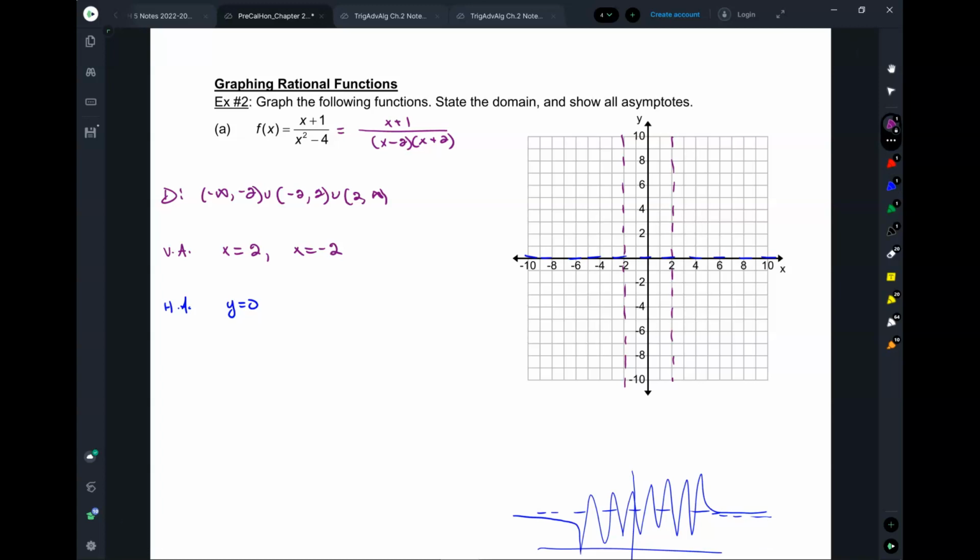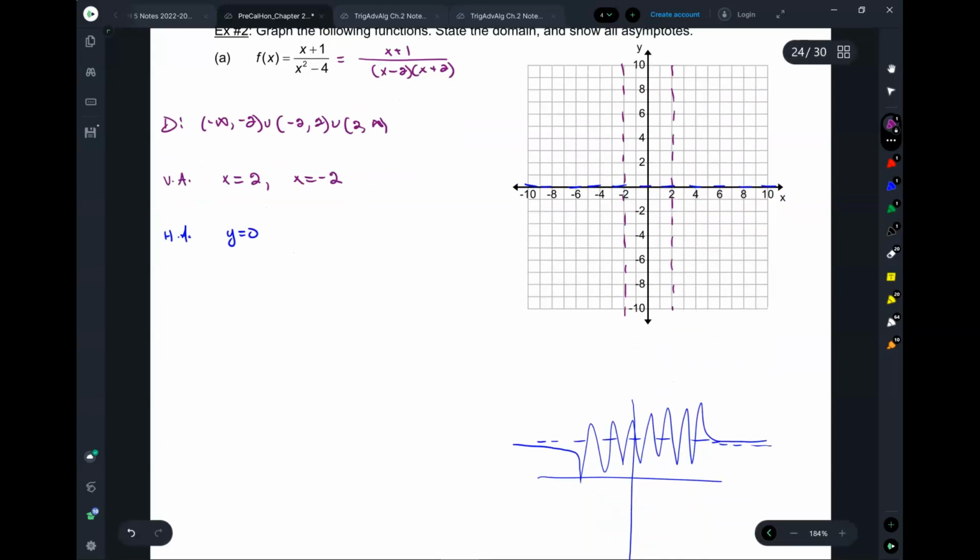What I also want you to do is find the zeros. How do we find the zeros? To find the zeros of a rational function, you basically set the numerator equal to 0. So x plus 1 equal to 0. X equals -1 is a 0 of this function.